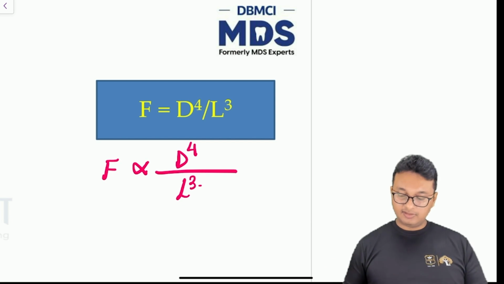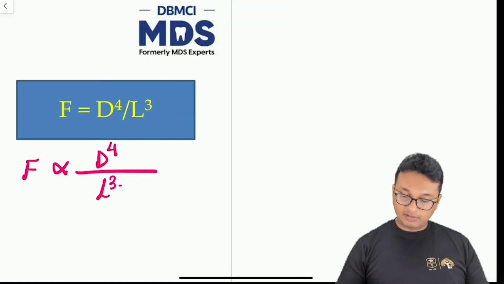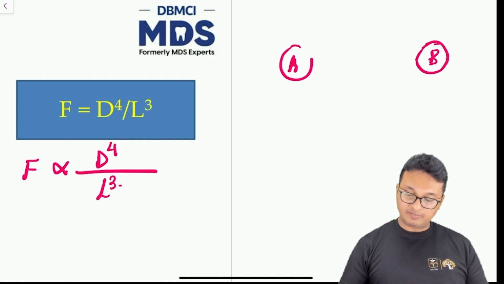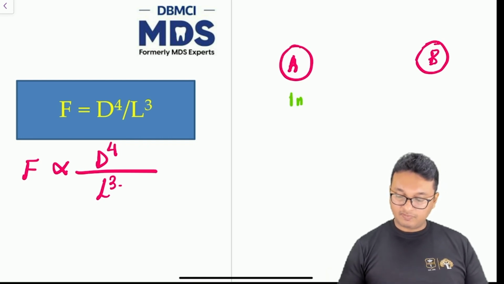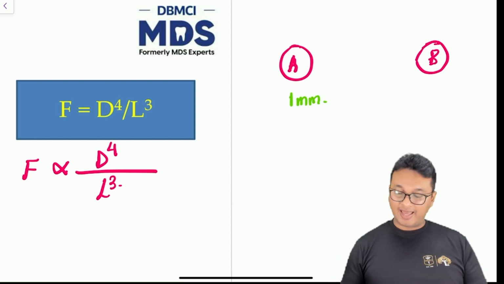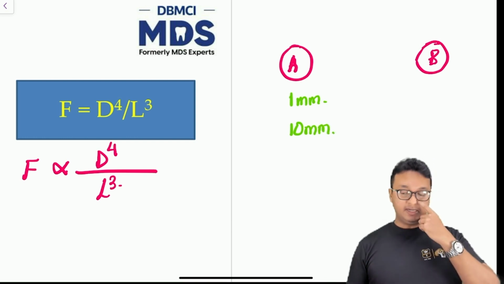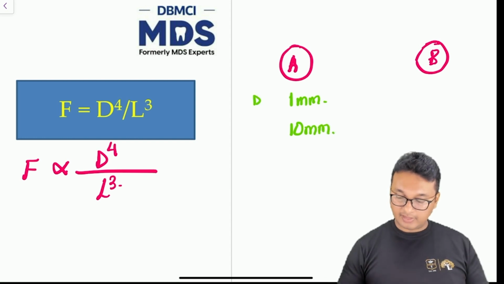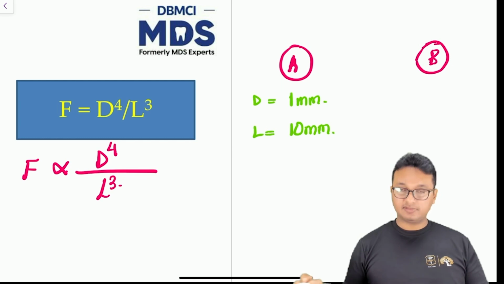Please understand this. Suppose we say A wire and B wire, the diameter of the wire was 1 millimeter, and suppose the length of the wire was 10 millimeters, right? This is the diameter, this is the length.